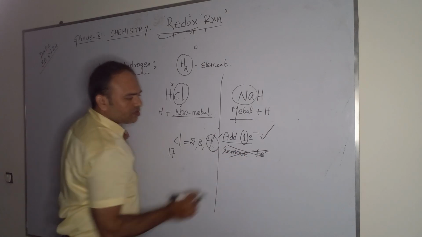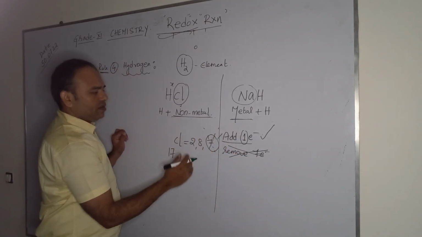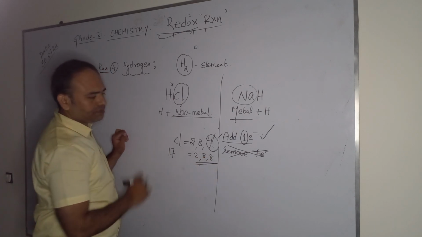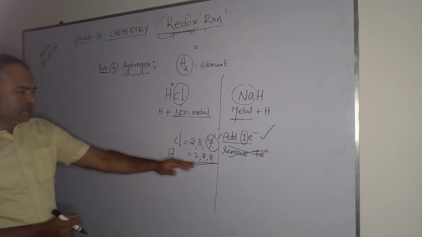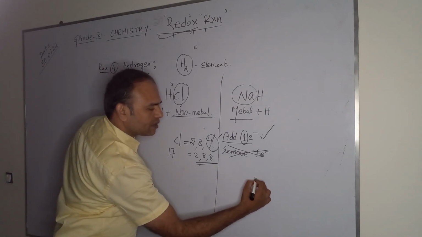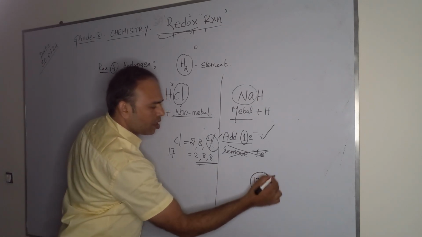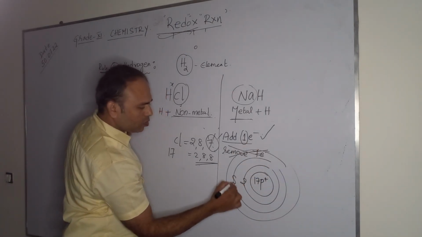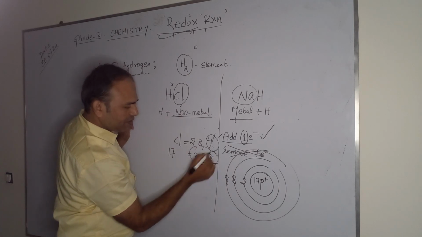So this is not followed. Add 1. If you add, what will happen? 2, 8, 8 you will get. Fine. What will be the charge in our oxidation state of this? At the center 17 protons are there, but after adding 1 electron you have 2, 8 and 8.